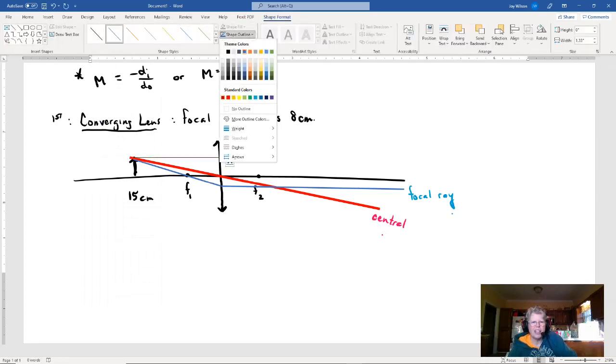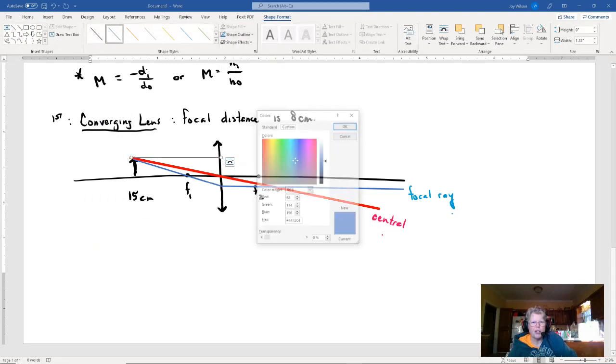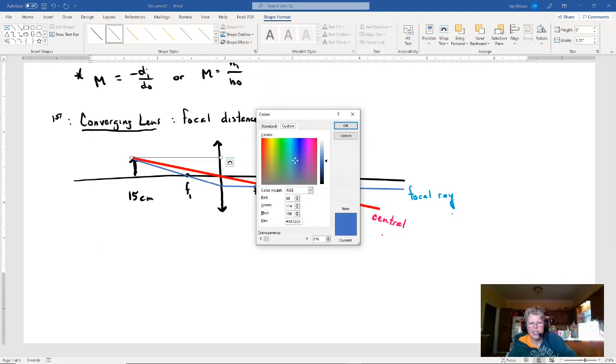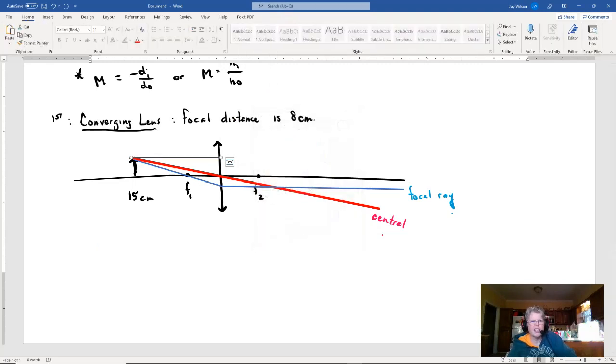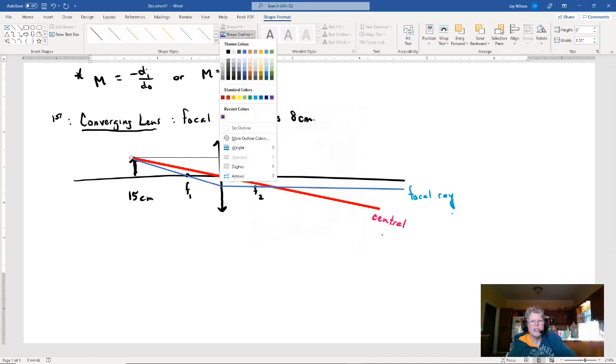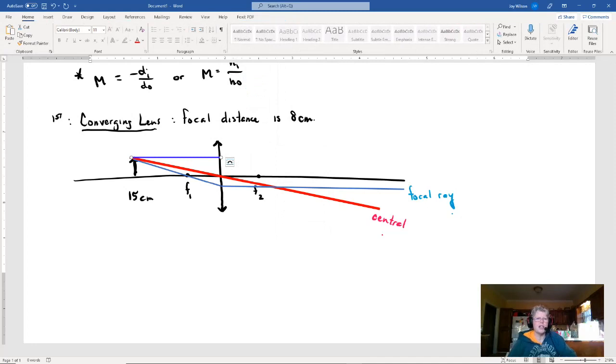It goes in, hits the lens, it's parallel.